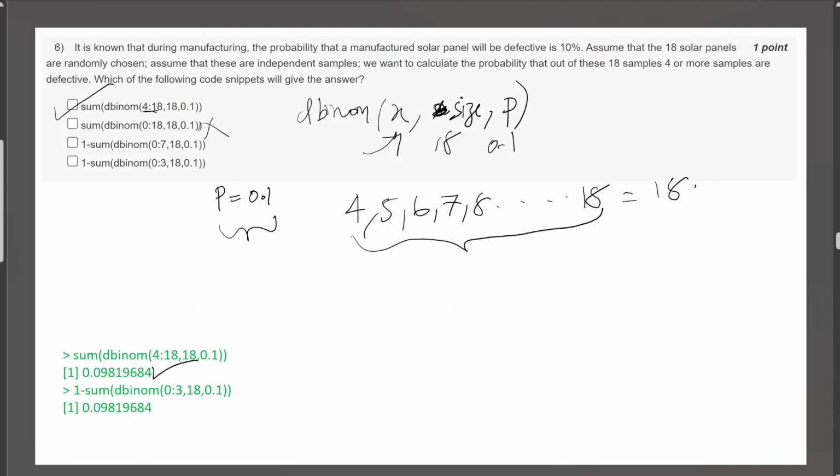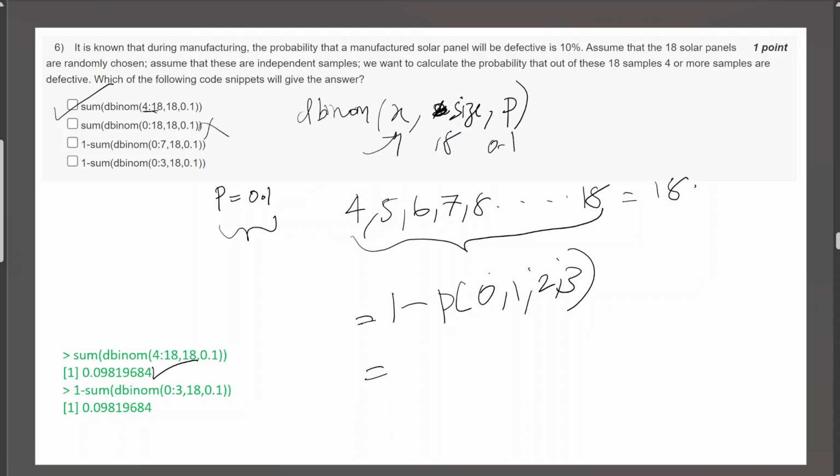Generally, if we don't use software and solve by hand, instead of finding 4 to 18, we will find an alternative way: 1 minus the probability of getting 0, 1, 2, and 3. In this way, we reduce the number of terms.